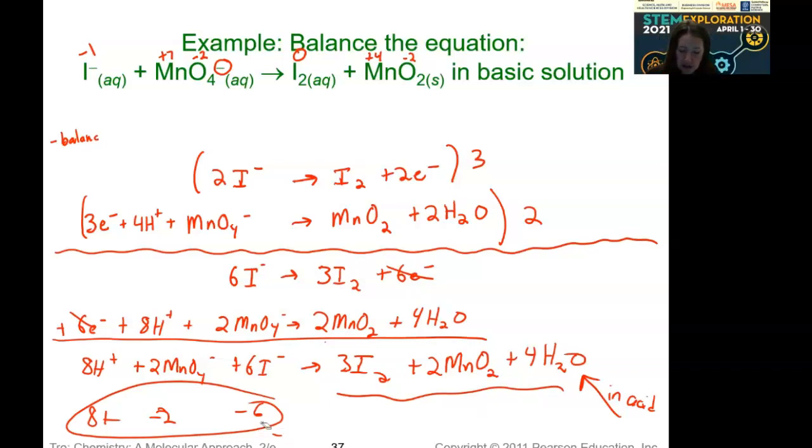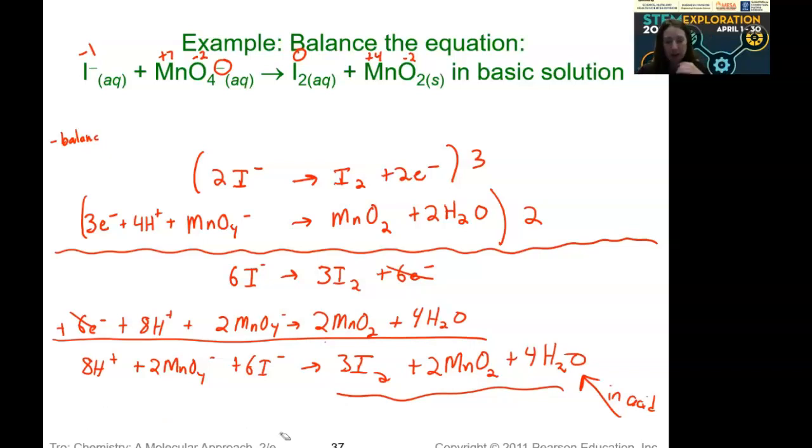They could be both like -20 or +15. As long as they're the same, it doesn't matter. They just happen to be 0. Okay, so questions on this one, because now I'm going to do the same thing, but I'm going to do it in a base. There's only one tiny step for the base. Questions on this one?